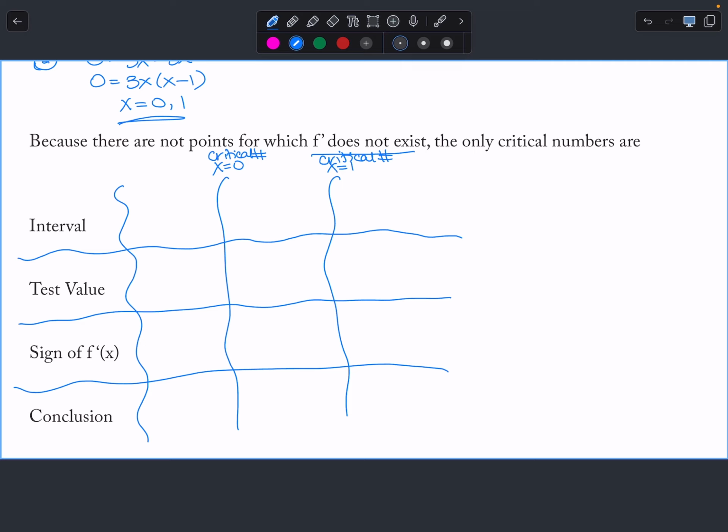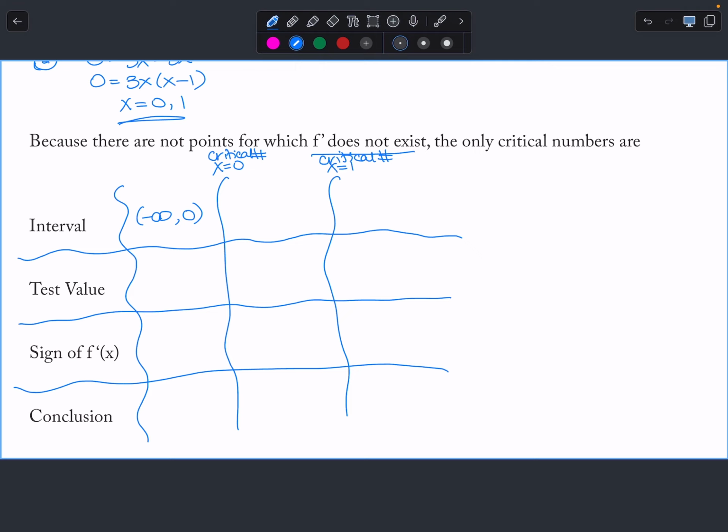So I'm looking at the interval from negative infinity to 0. And it is a parenthesis and not a closed bracket, because I am not increasing nor am I decreasing at a critical number, because it's equal to 0. So it cannot be positive or negative.